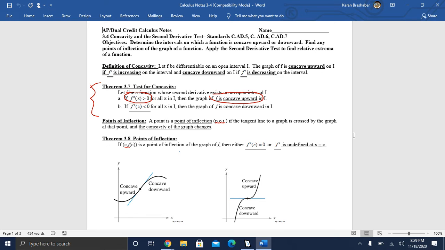And likewise, if your second derivative is negative, so less than 0, then f is concave down. And if you have a change from concave up to concave down, then you have a point of inflection. So it's where that concavity of the graph changes.